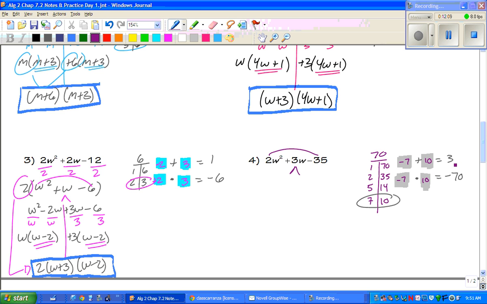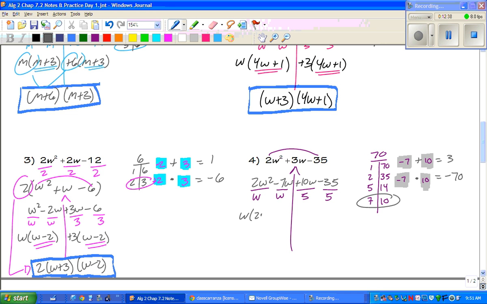Okay, remember when you're checking this, it's got to be true for both of them, and you can't change the numbers. So we get 2w squared minus 7w plus 10w minus 35. Okay, the GCF first is just a w. In the back, it's a positive 5.